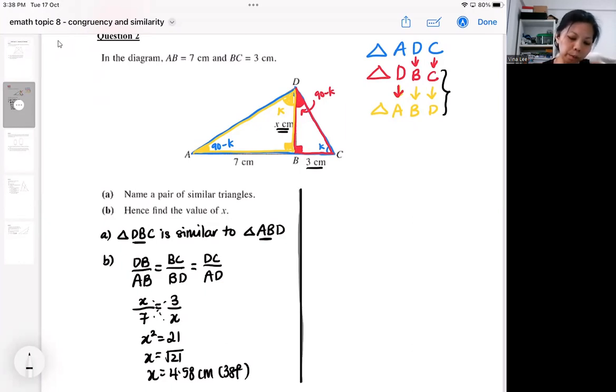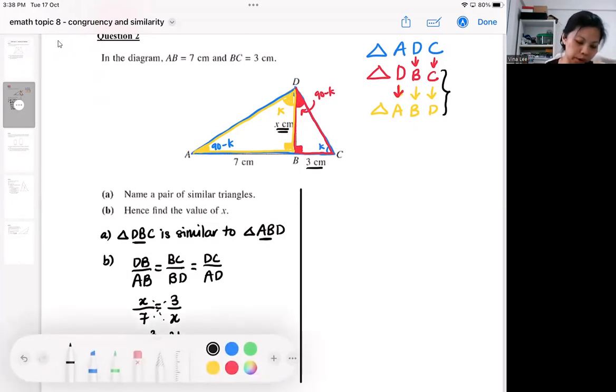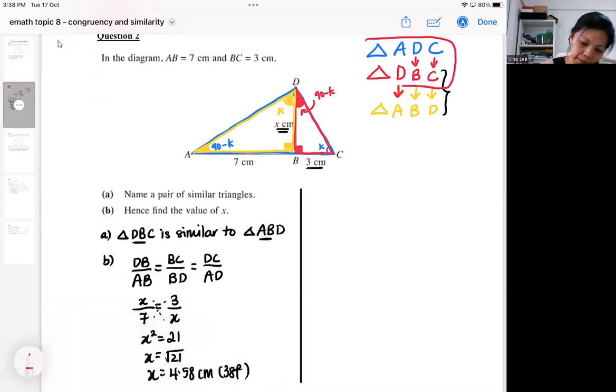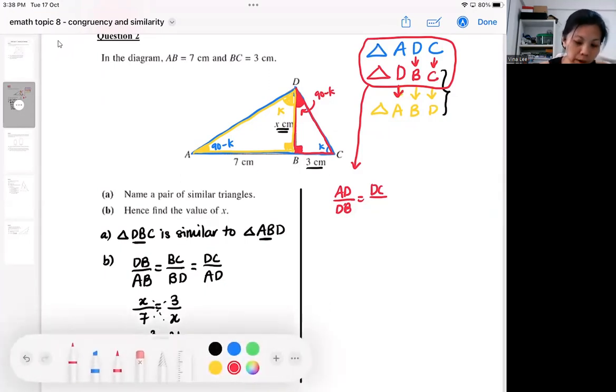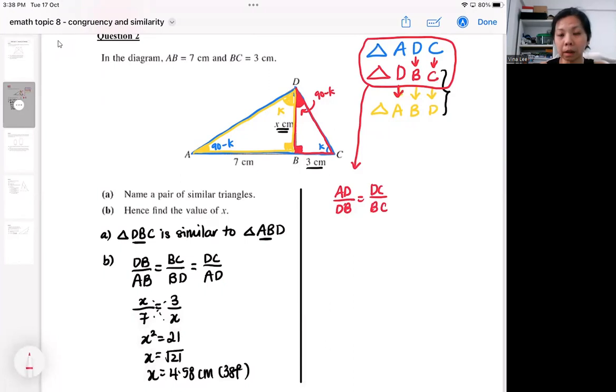Okay, so some of you, maybe you got stuck because you chose another pair. So let's say, for example, if you have chosen this pair, your ratio will look like this. Sorry, I read wrongly. So if you have chosen this pair, you are not wrong. They are still similar. But we need to explore whether we can find X or not.